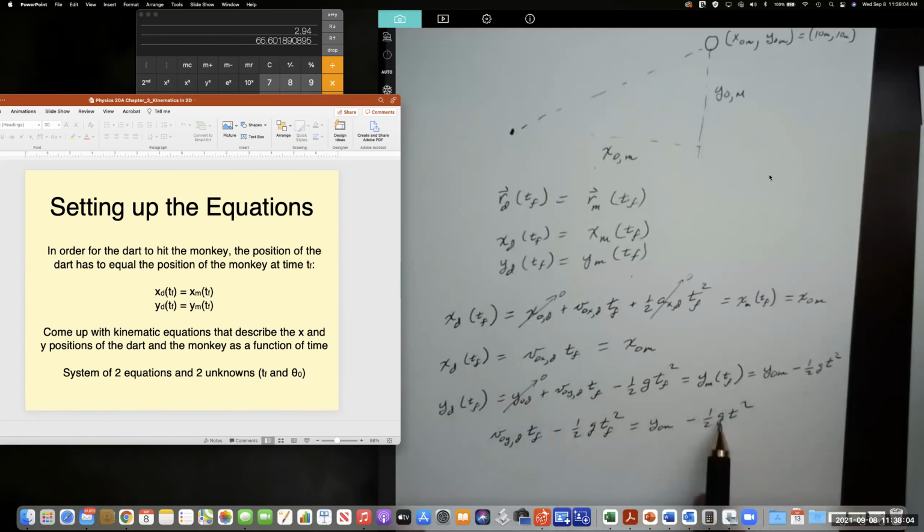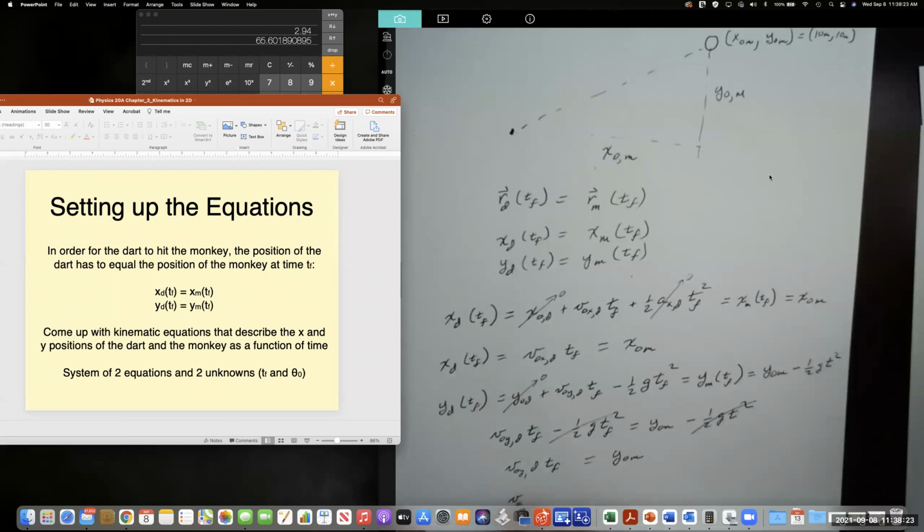But the g t squared terms are on both sides, so we can just cancel these two out. So v0y dart times t final equals y0 monkey.